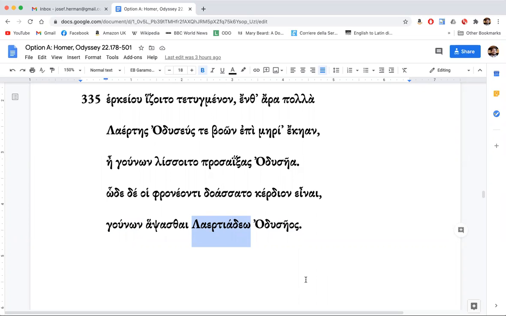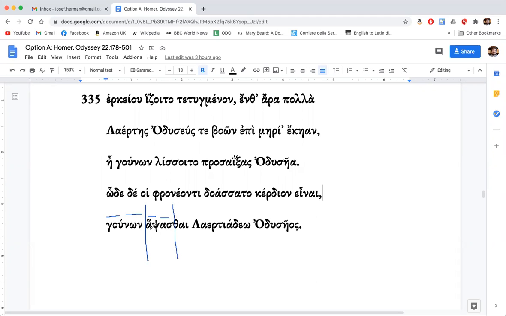Now, I don't want to talk lots about scansion in this video because otherwise it'll become too long. I just want to point out one thing here, which is that these two letters, eo, are actually a diphthong, so they count as one syllable. If we were to scan this line, we'd get a spondee first, gunon, and then we get hapsas.